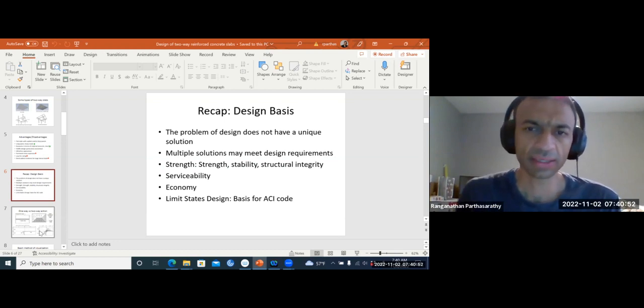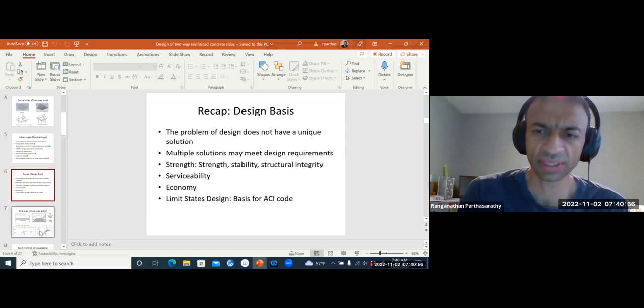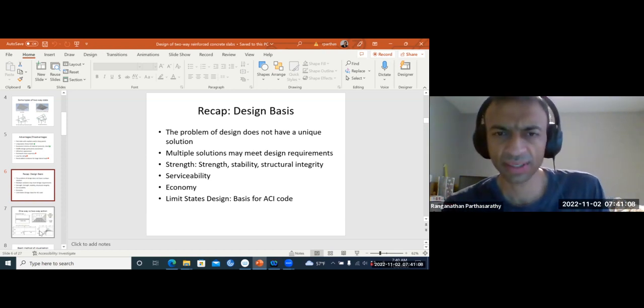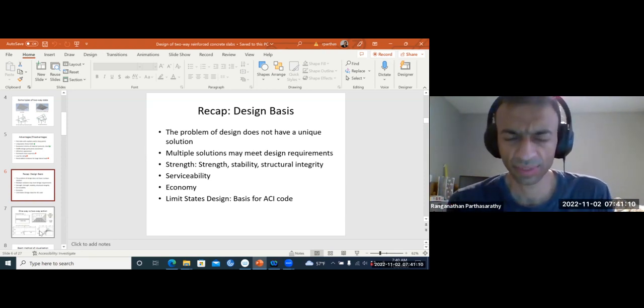So let's just recall some general points about design as opposed to analysis. A design problem does not have a unique solution. So we have to iterate several times before we can arrive at a satisfactory design.